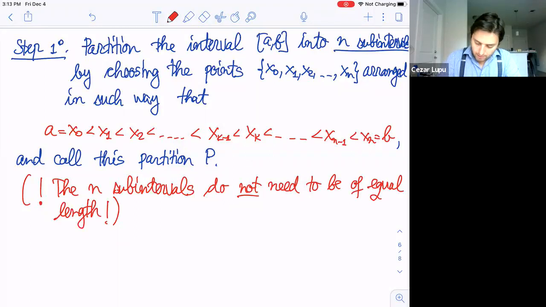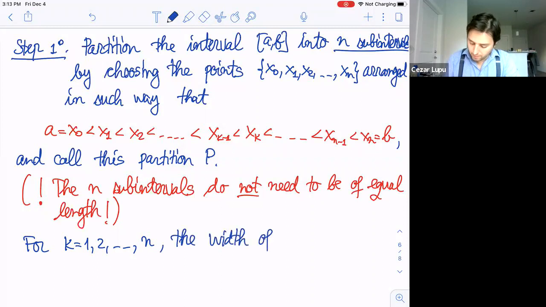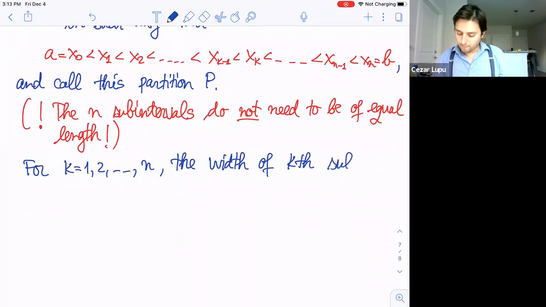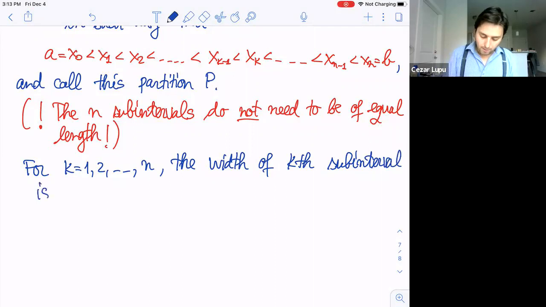All right. Now, let's continue. So we have this partition. This is important. And now for k equal 1, 2, and so on, up to n, the width of the kth subinterval, which we're going to call delta xk, is nothing else than the difference of any two consecutive points.